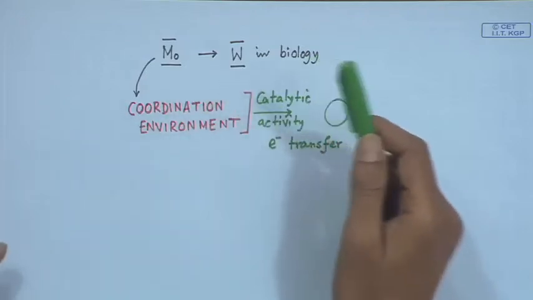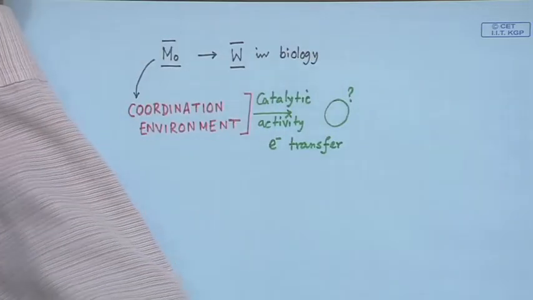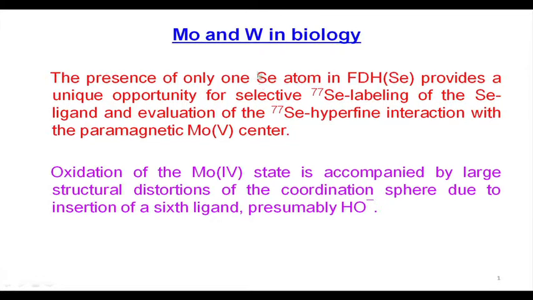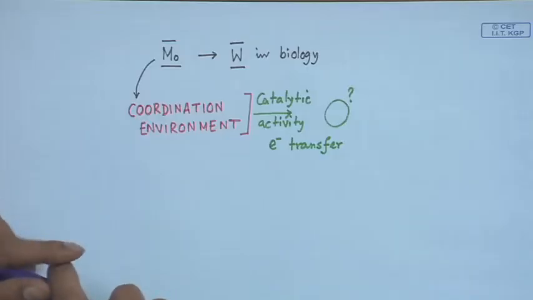What we saw last time is that when we have the selenocysteine system, that means the selenium atom, for the Formate dehydrogenase family, you can have one selenium center interacting with the molybdenum center, and this molybdenum center for the different catalytic activity is in +5 oxidation state.